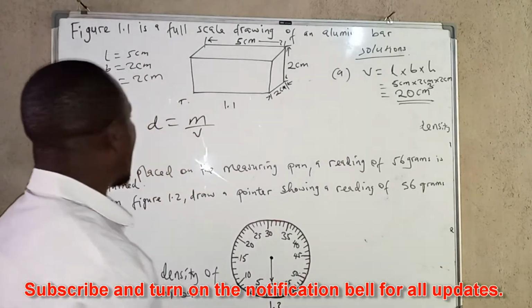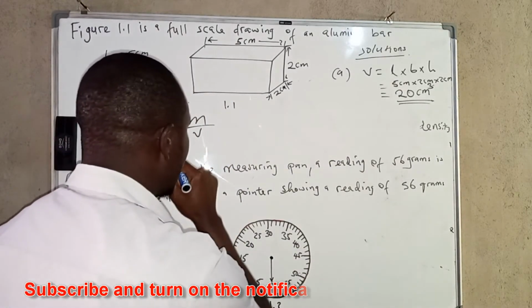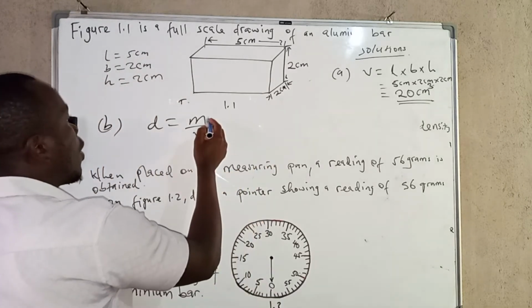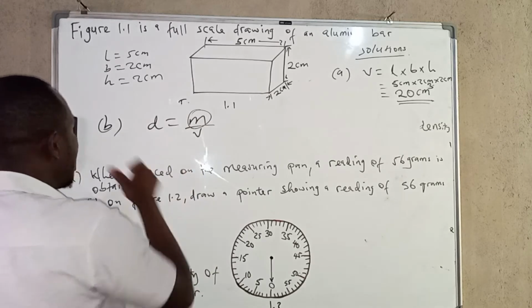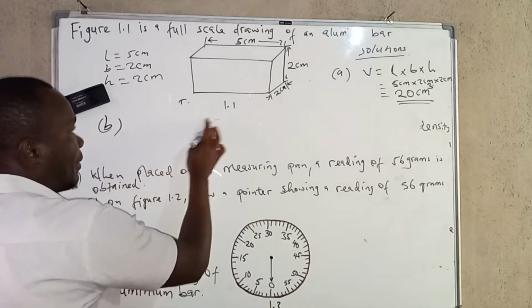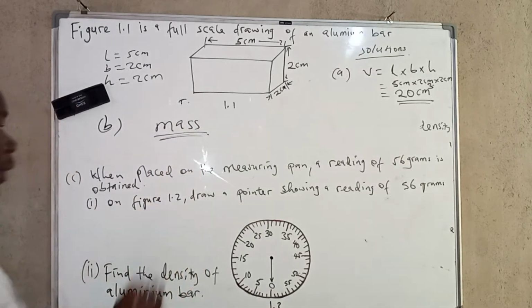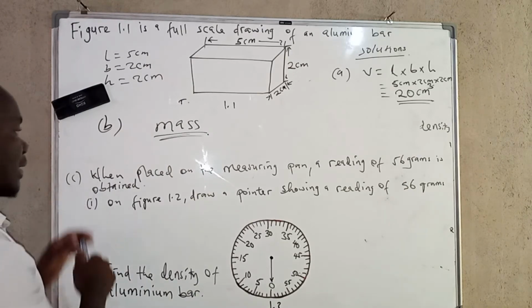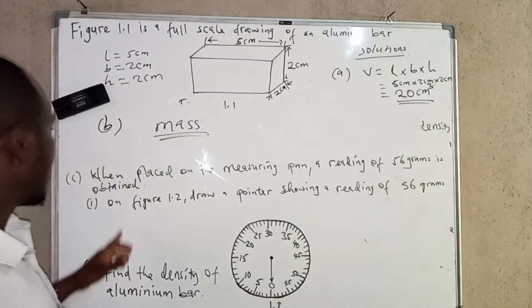So what we are remaining with is M, which is mass. So for B, the measurement that is remaining is just mass, and we are done.